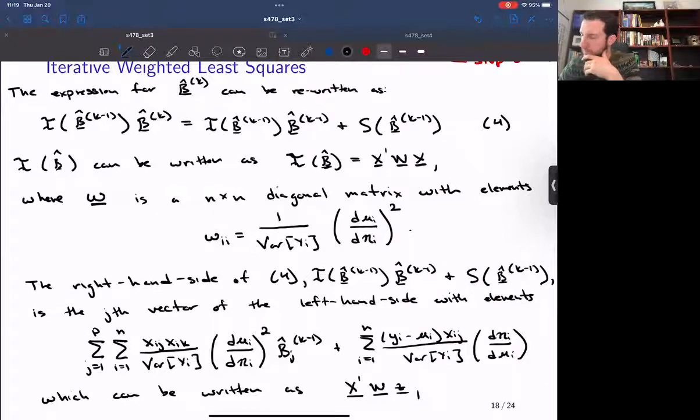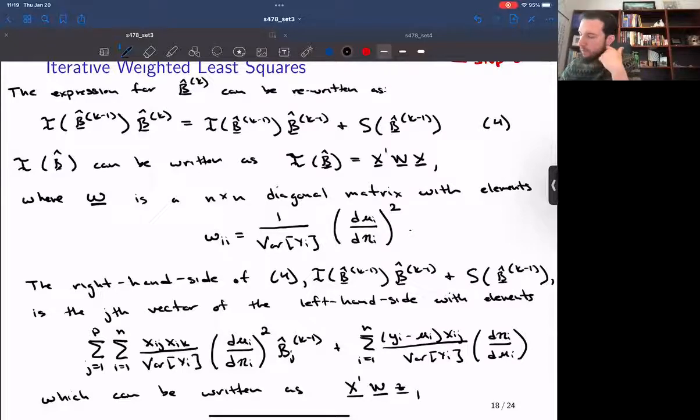And then what we're saying is, okay, now we can write the right-hand side of this expression, which is the information function at beta times beta hat plus the score function at beta, as follows. We have the information function that we derived above plus the score function that we derived three slides back.